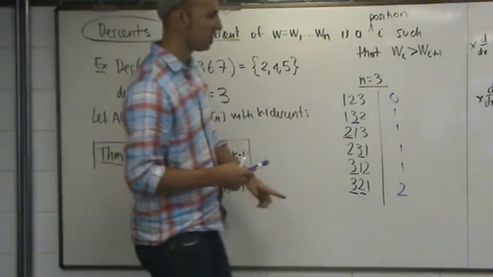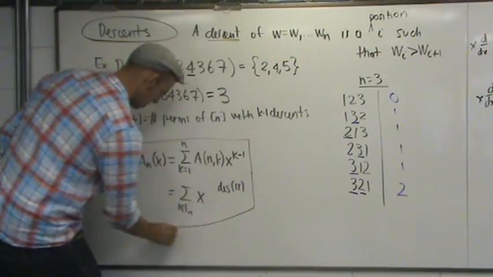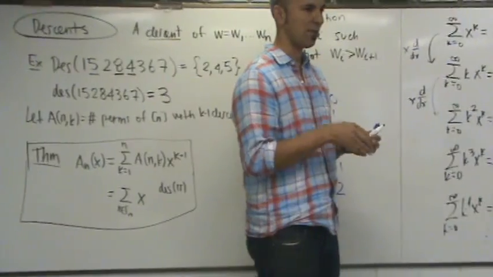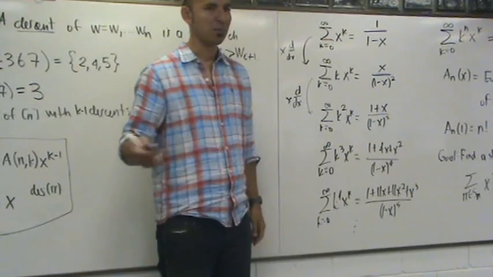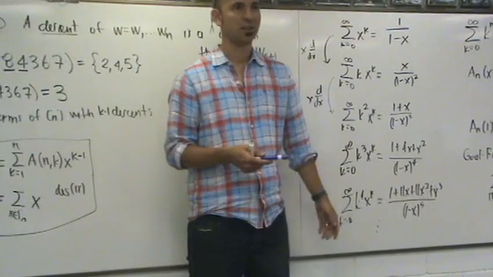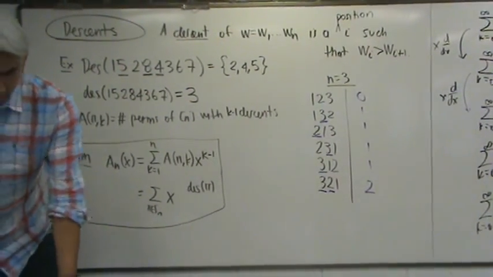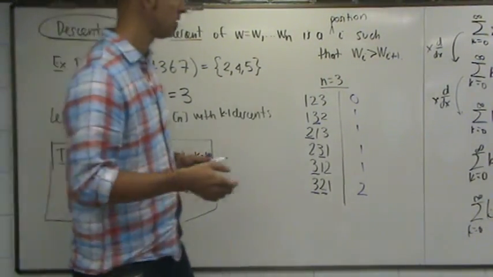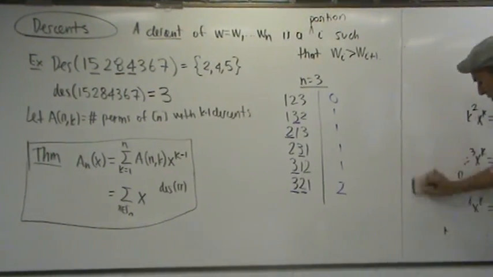Okay, so this is 0 descents, 1 descent, 2 descents. Let me just warn you that in my notes, I define this to be a little bit different. I define the Eulerian polynomial to have an extra factor of x. So that's why it's a little bit off. In my notes I wrote that the Eulerian polynomial was x plus 4x squared plus x cubed. That's why I have that shift of 1. But this is not too important, of course. So that's what we aim to prove.